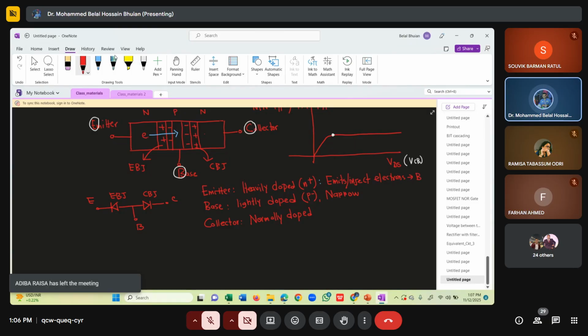From there, some of the electrons will go to the collector region.